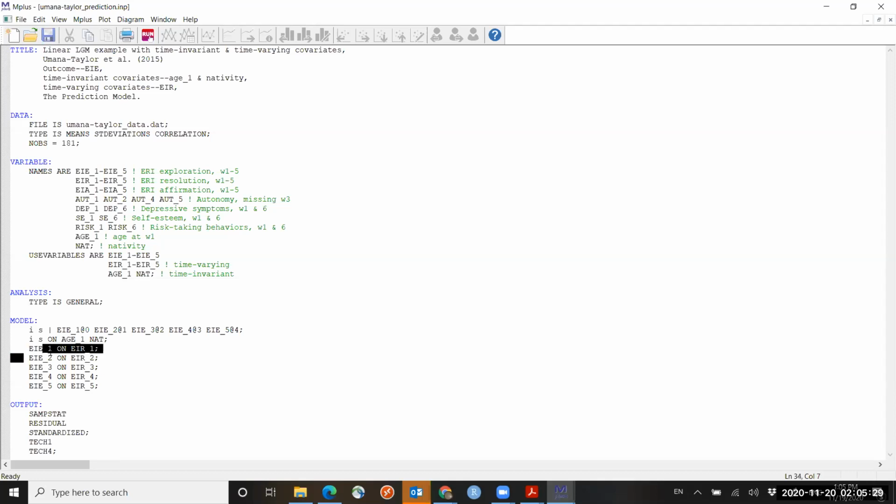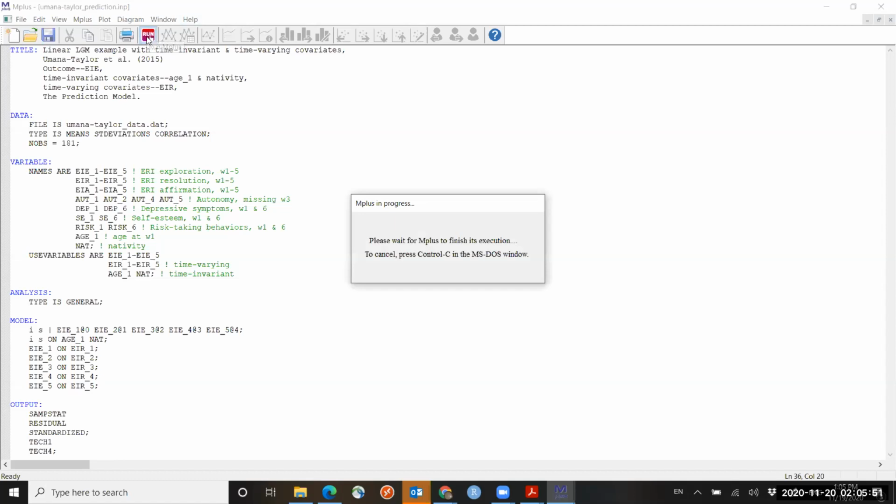And then the second line, ethnic identity exploration time 2 regressed on ethnic identity resolution time 2, and so on. Okay, so this part here is how you add a time varying predictor in a latent growth model. I will run this.